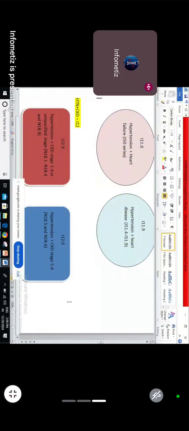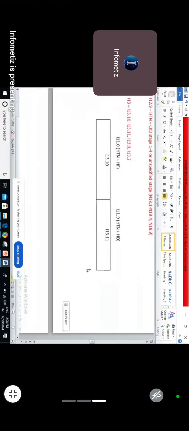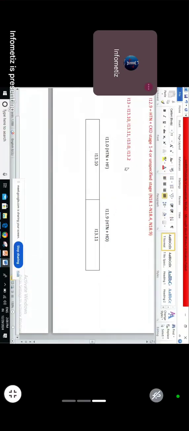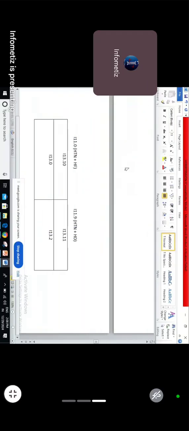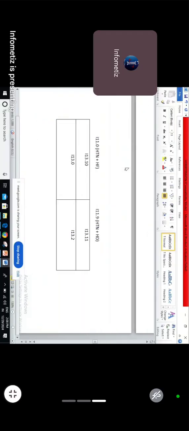You have to combine I11.0 with I12.9, I11.0 with I12.0, I11.9 with I12.9 and I11.9 with I12.0. You will get 4 combinations.